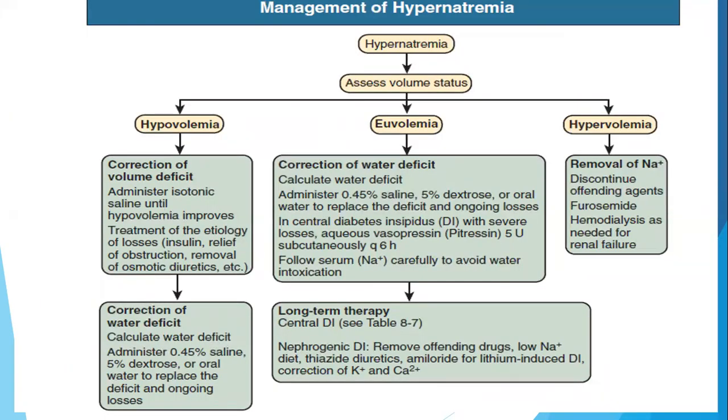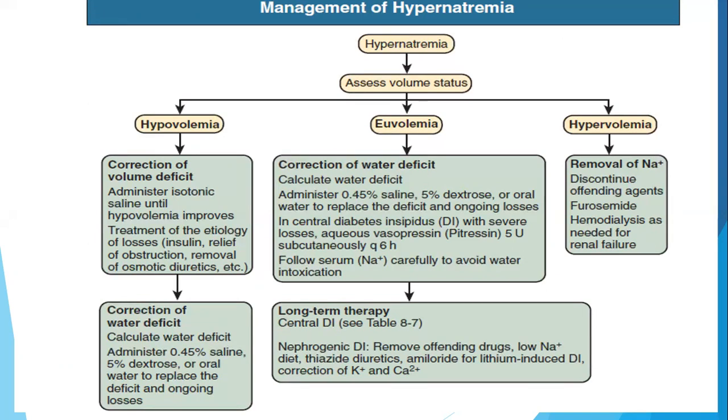So moving on to management of hypernatremia, it depends upon the volume status of the patient. If the patient is euvolemic, we need to correct the water deficit. We need to first calculate the water deficit of the patient, and it needs to be replaced. It can be replaced either by administration of 0.45% saline in 5% dextrose, or with oral water to replace this deficit and the ongoing losses.